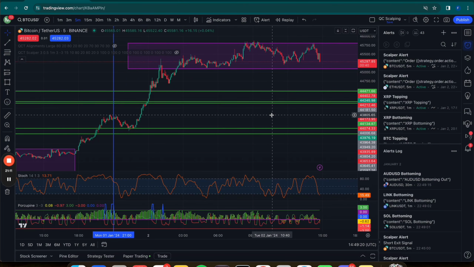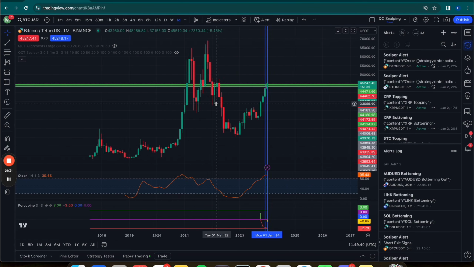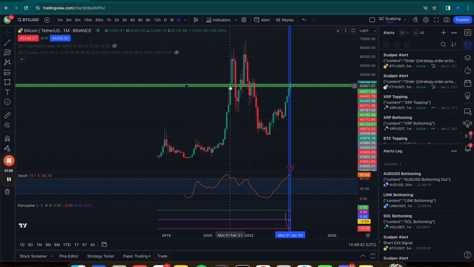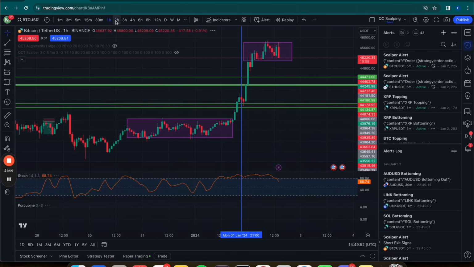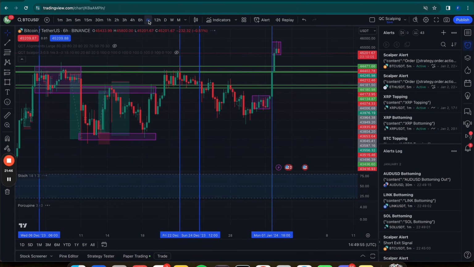In a perfect world where the price would be in a vacuum, the stochastic would exactly tell you what's happening. But there's buys and sells going on, there's liquidity being pushed in, pushed out. So there's a lot of stuff going on, so you have choppiness. When you go to the monthly, you don't have that choppiness, right? Because it's much harder to influence a monthly chart than it is an hourly chart or a 1 minute chart, right? So this is our current overview of the higher time frames.